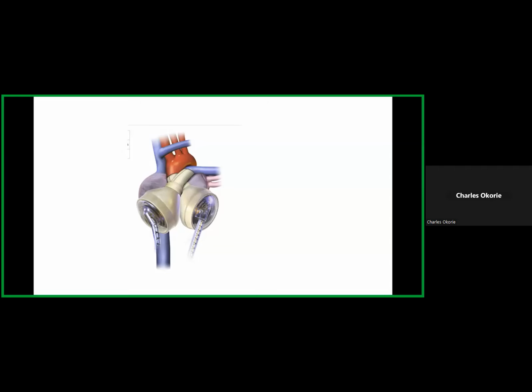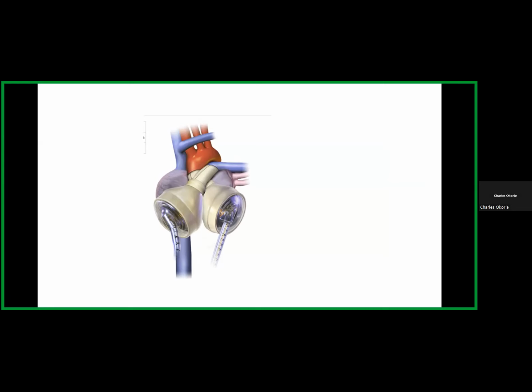I don't know how they do it. I've never seen it done before, but this is what I saw: they make a cut down the center of the chest, and the surgeon separates the bone and places the device. So it's a surgeon that does the assist device. It's not an interventional procedure. That's what I think.